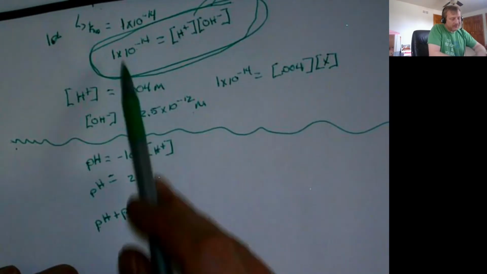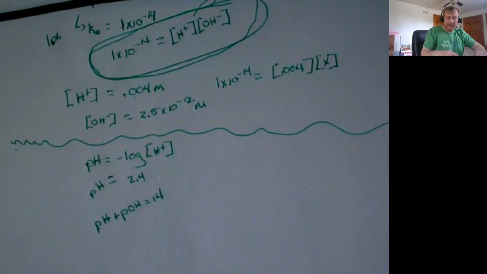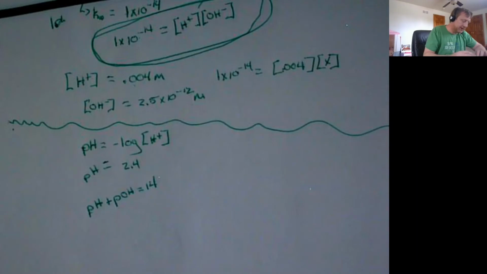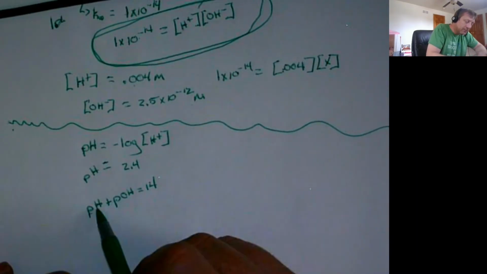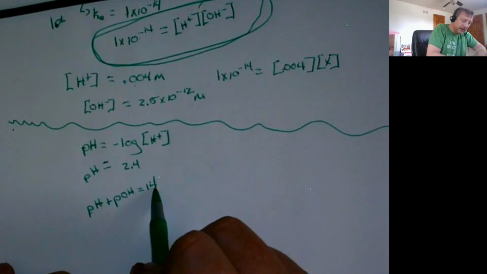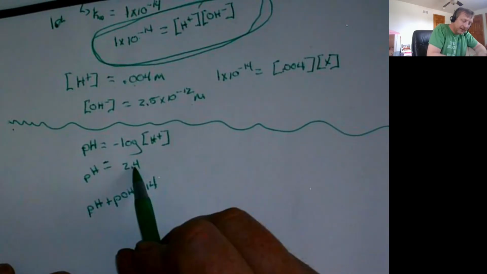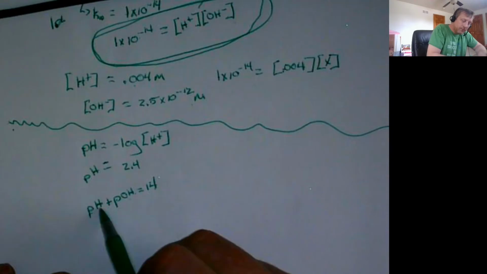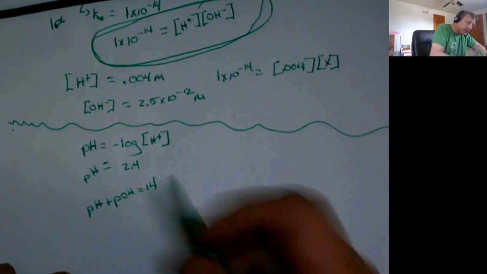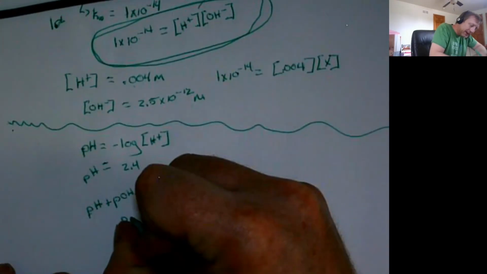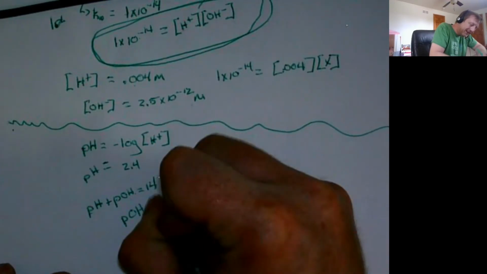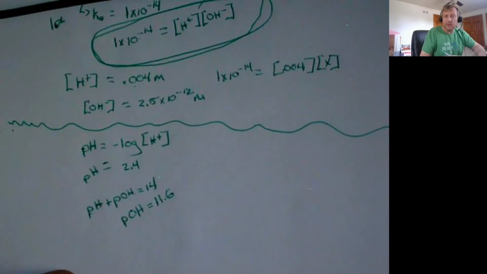That actually comes out of this ionization constant, but I don't want to get into why or how because it's not useful for us. If we've got one of them, we can always find the other. So 14 minus 2.4, we find that our pOH is 11.6.